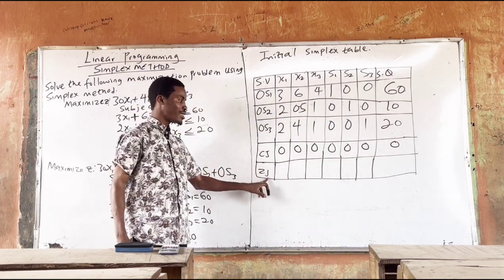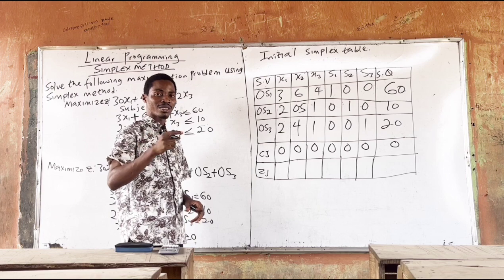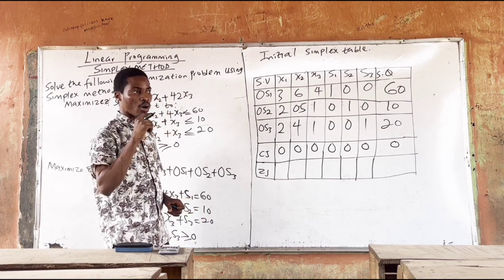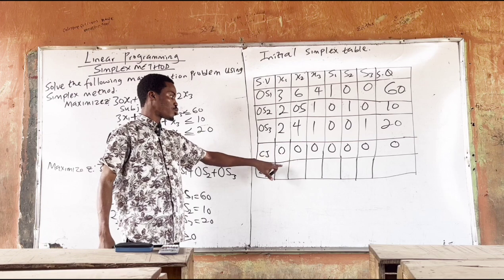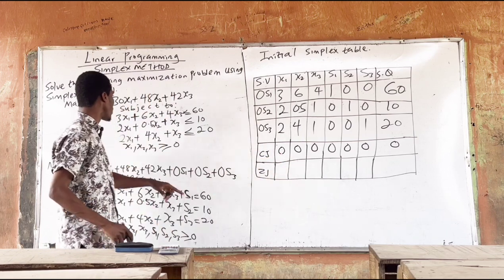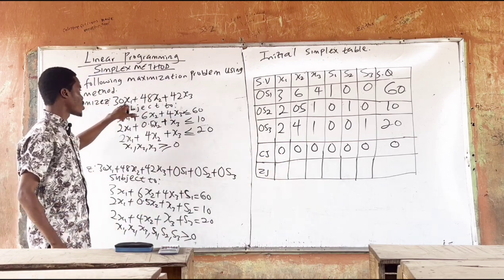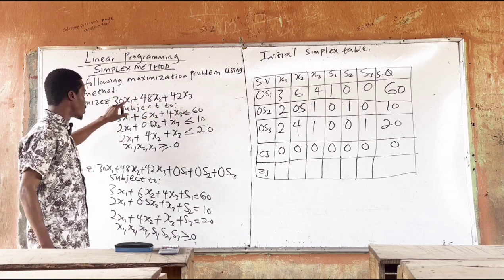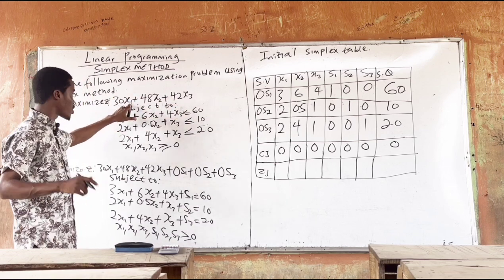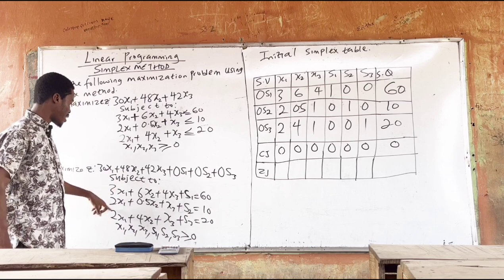This is 0. So my zj is my objective function. For me to get my zj, the variable of my objective function is going to be subtracted from this. So my zj is 30x1, 48s2, 42s3. That is my objective function. The coefficient of x1 of my objective function is 30.